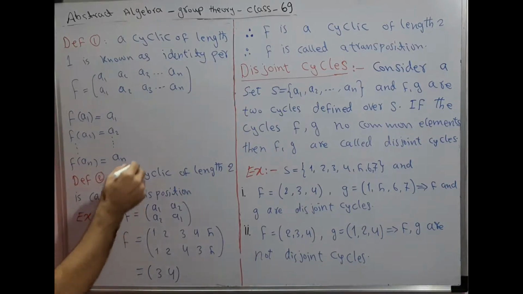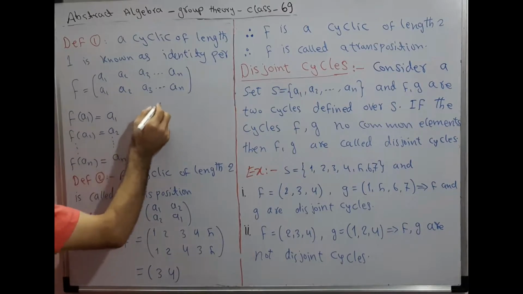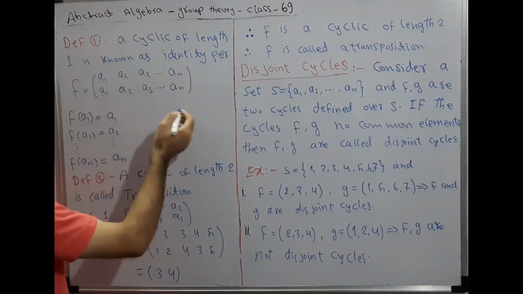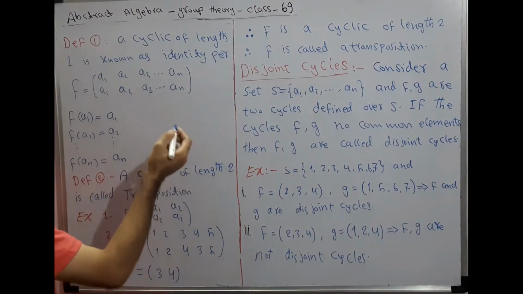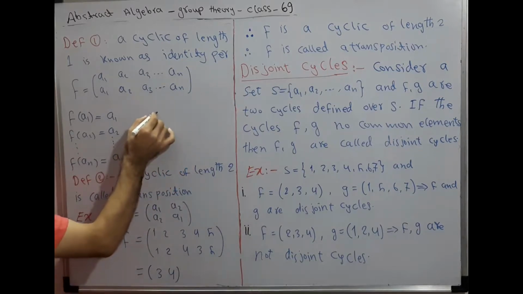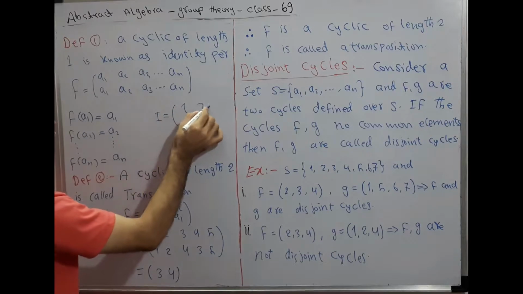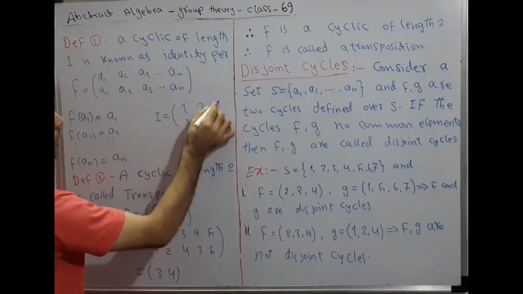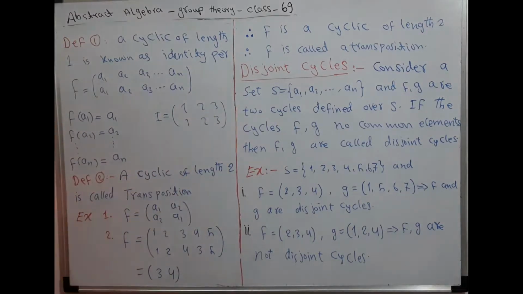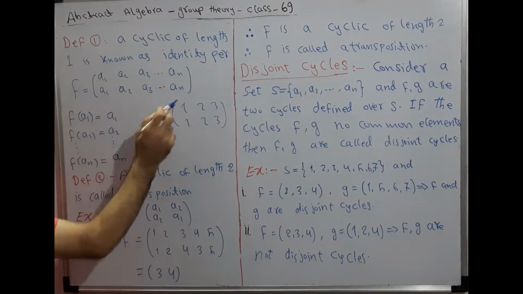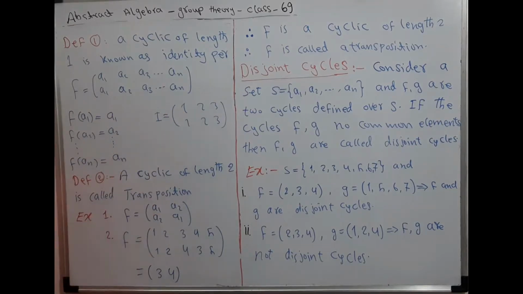It is the identity permutation. Those permutations which have length 1 are called identity permutations, like I equal to 1, 2, 3 mapping to 1, 2, 3. The length of this permutation is 1. Therefore, this kind of permutation is called the identity permutation. It is the general form of the identity permutation.